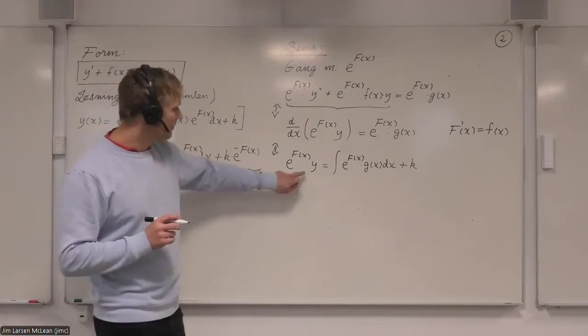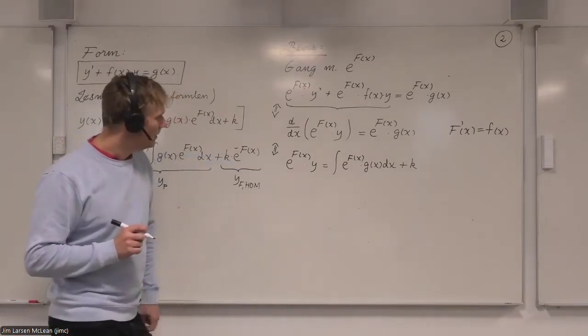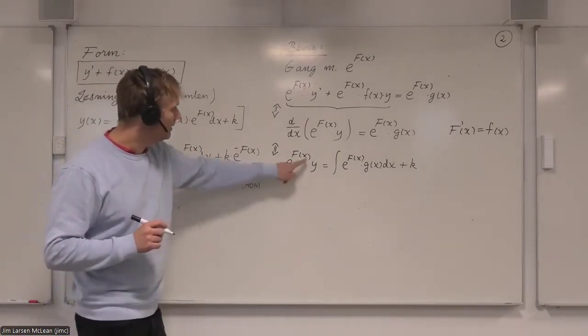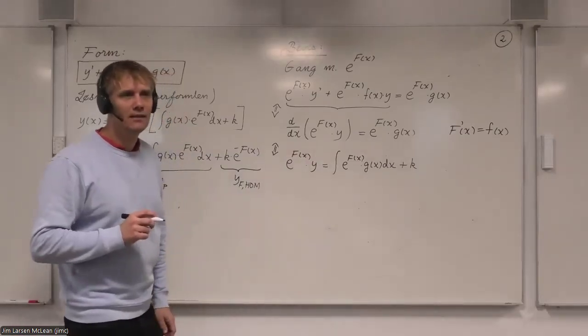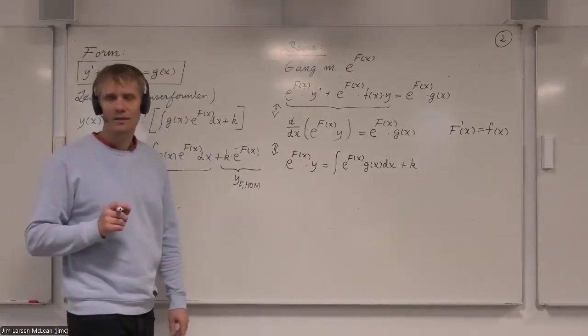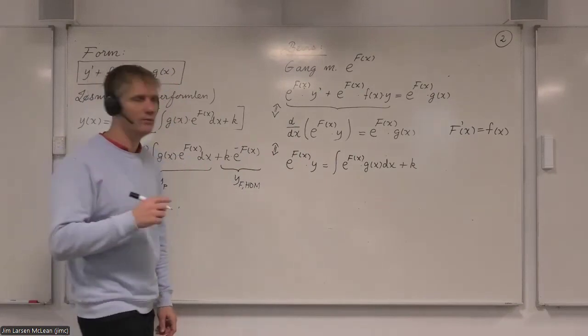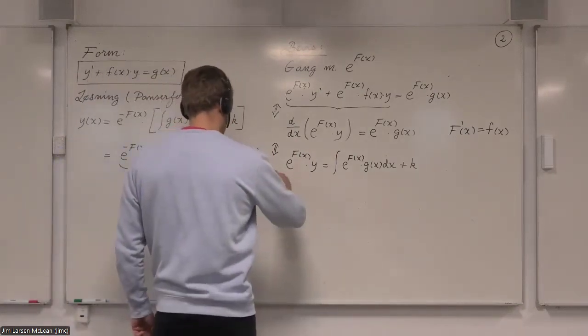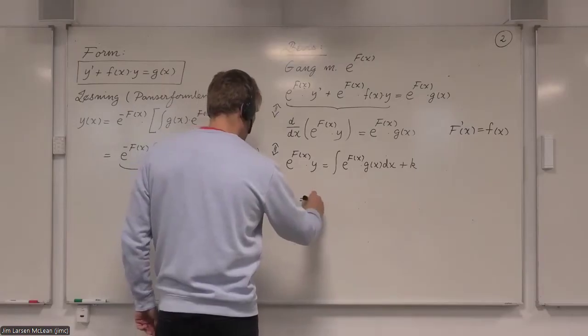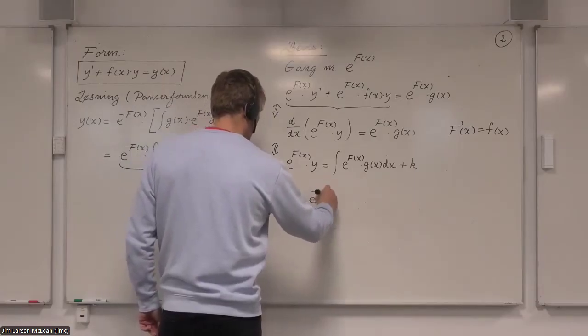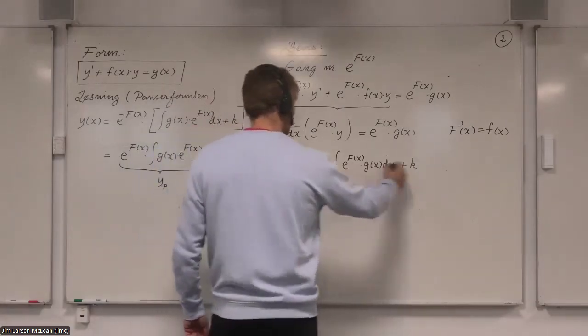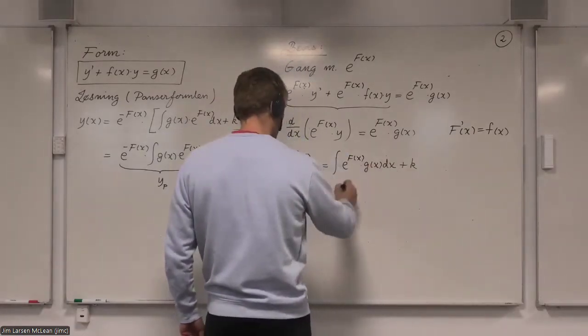And to find y, I need to remove this factor, which is done by dividing by it, or multiplying by its reciprocal. The reciprocal is e to the power of negative capital F. Therefore, we have that y equals e to the power of negative capital F times, and since there are two terms here, remember to put a parenthesis.